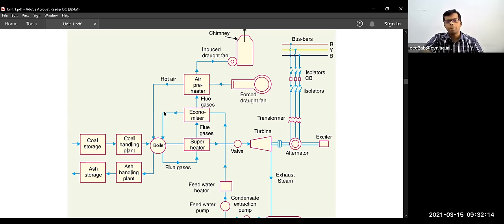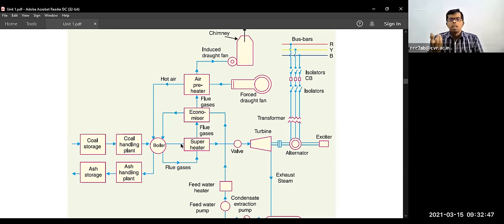To get maximum efficiency. If you blow normal air to the boiler, it will take more time to heat up. If you are blowing hot air itself, it will easily catch fire in the furnace, and the water will also get heated up very easily.